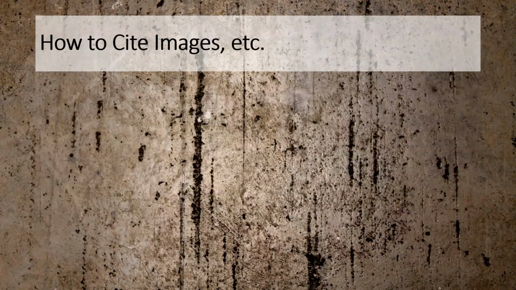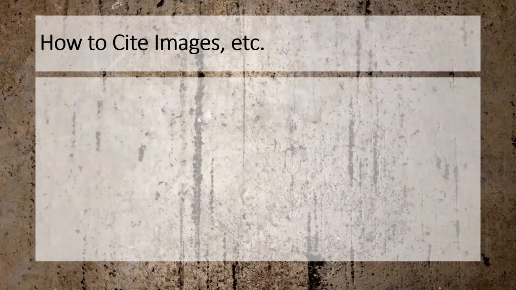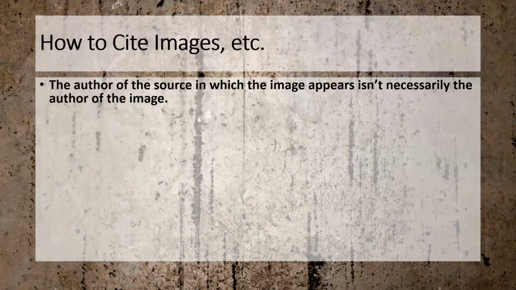I want to briefly take a moment to also talk about how to cite images. It's pretty straightforward in terms of citing texts, right? But when we start thinking about an image, a photograph, a painting, etc., a lot of people get confused. When you're looking at an image, you have to think about the author of the source and the author of the actual image, right?